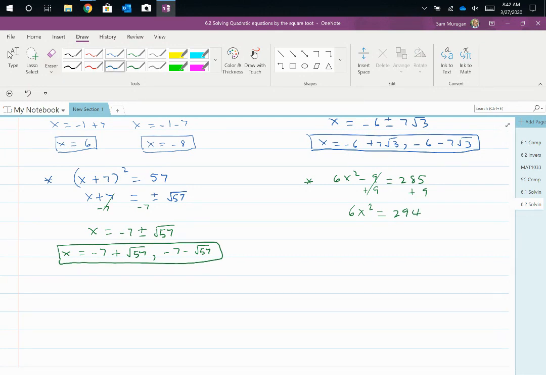Then I would divide both sides by 6 to give x squared is equal to 49. x is equal to plus or minus the square root of 49. This is equal to plus or minus 7. x is equal to negative 7 and positive 7.